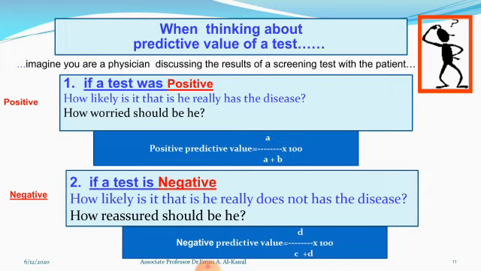So the positive predictive value is equal to A, which is the actual positive or true positive by both, divided by A, the true positive, plus B, which is negative by the standard but positive by the screening test, the false positive.